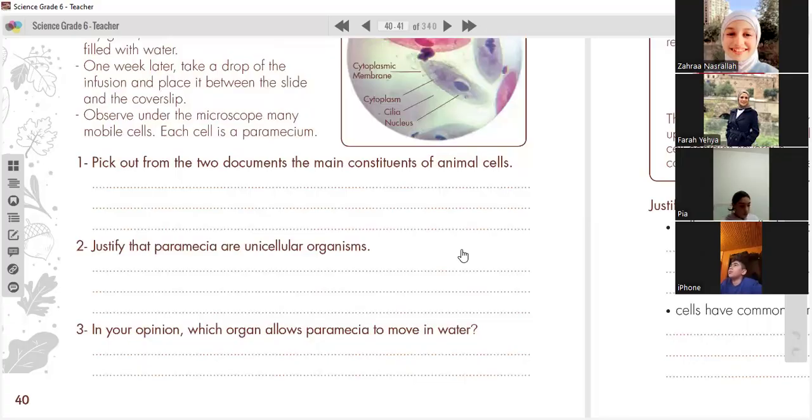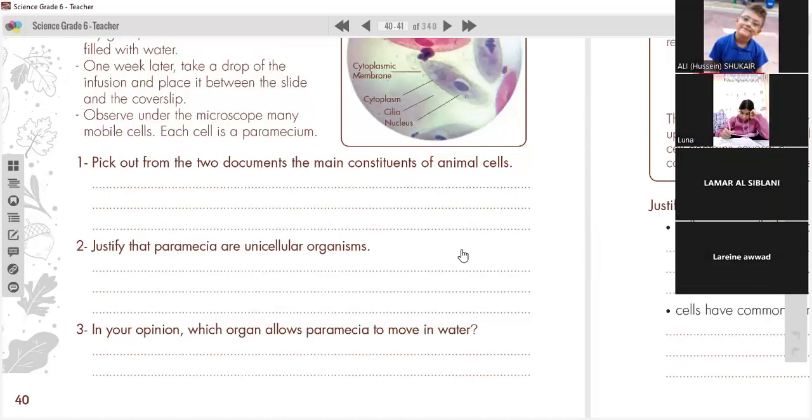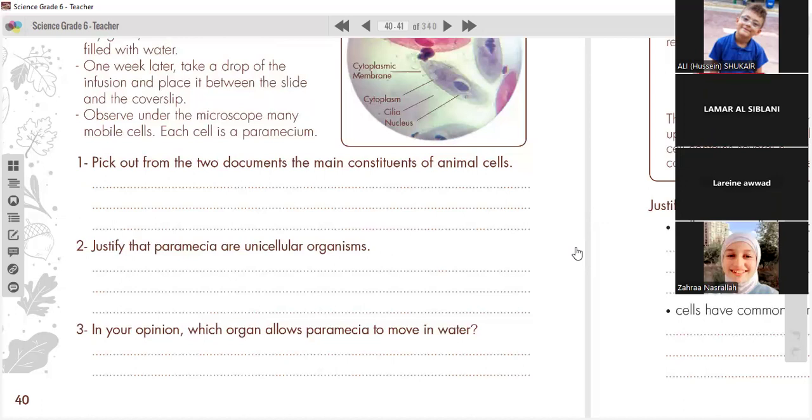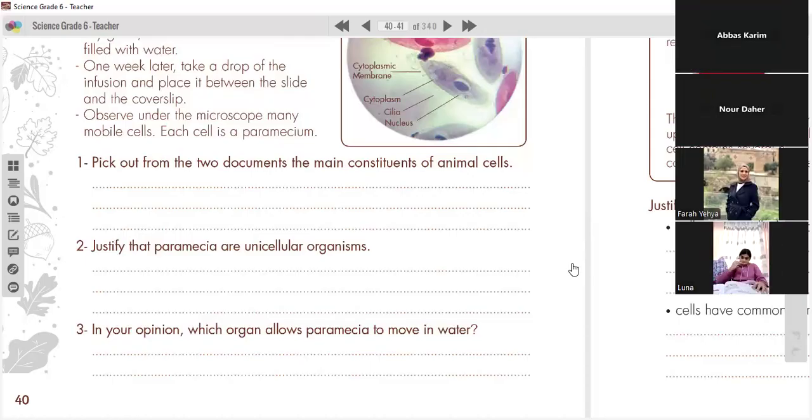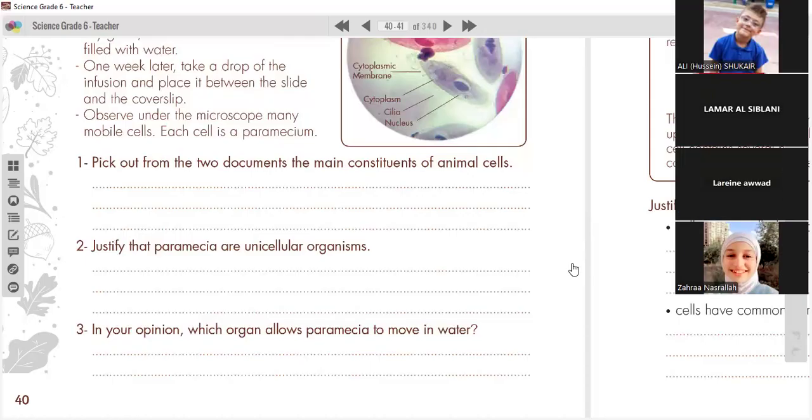Perla or Lamar, who participated? It's Lamar. Lamar. Go ahead Perla, please, do number 3. In your opinion, which organ allows paramecia to move in water? Okay, Lamar is talking. No, it's Perla. Okay.